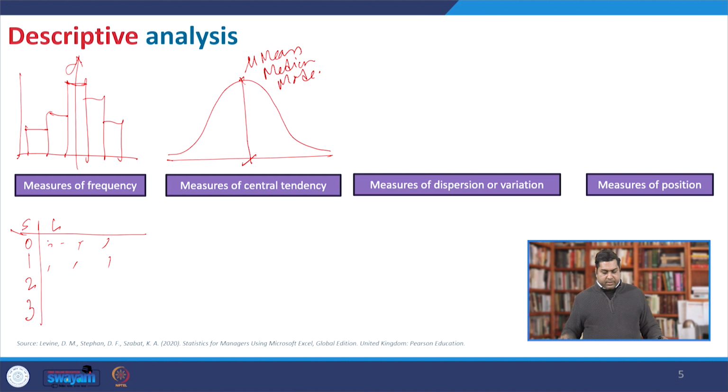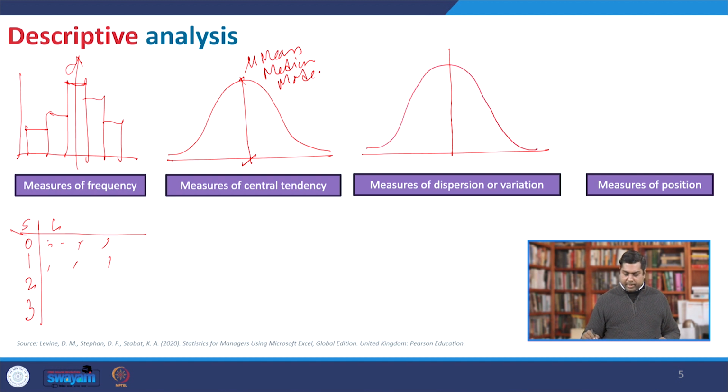Now, coming to the measures of dispersion and variation. Here also you can find certain values to see the variation in the data. Say, for example, this is normally distributed data, but it may happen that it is not like that and there is some skewness. Either it is skewed on the left-hand side, or maybe on the other side.